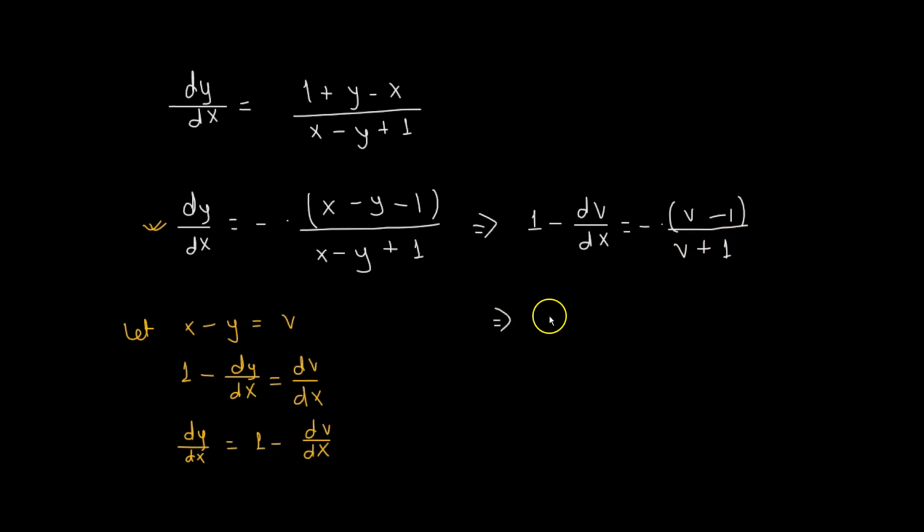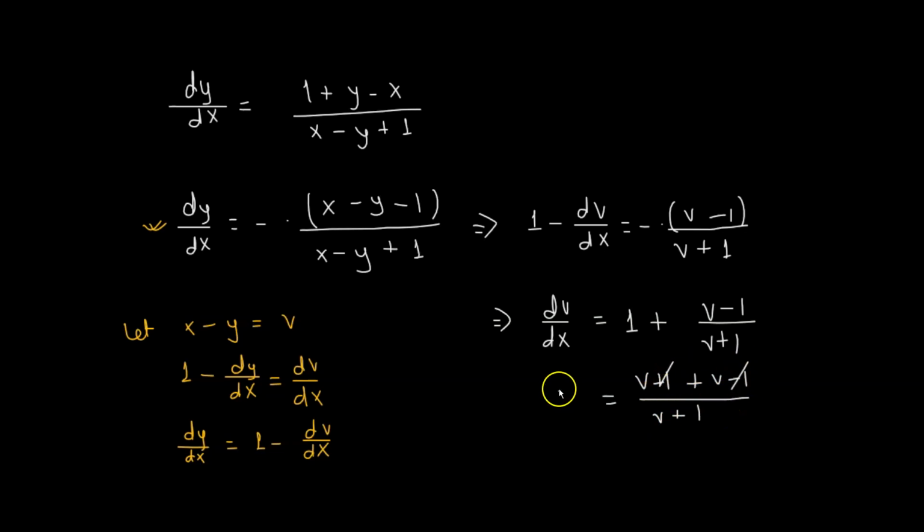So we now have dv/dx = 1 + (v - 1)/(v + 1), which equals (v + 1 + v - 1)/(v + 1). The 1 and negative 1 get cancelled, and that leaves 2v in the numerator divided by v + 1.